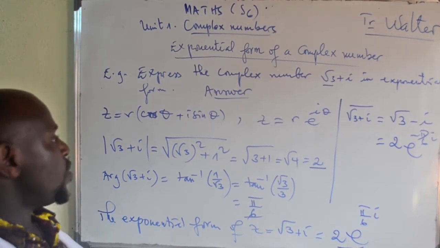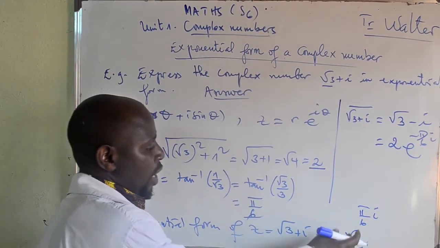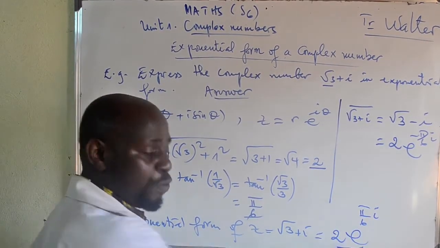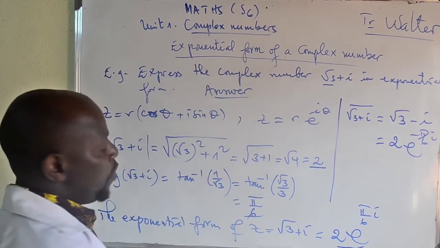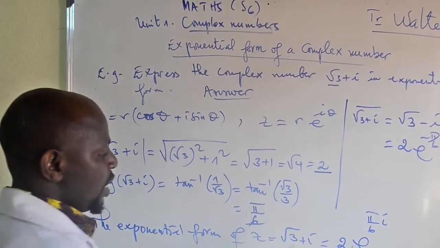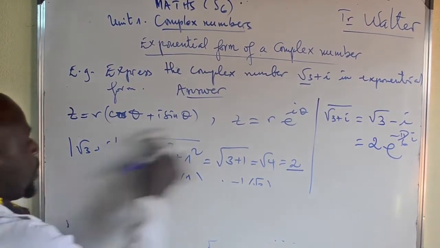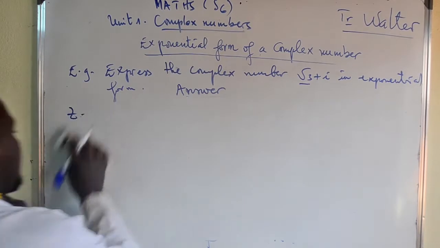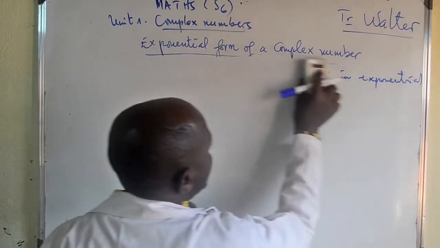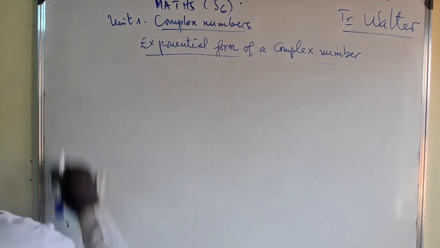Now, using the relationship between the exponential form and the trigonometric form of a complex number, we can find the real and imaginary parts in this way. Let us see.